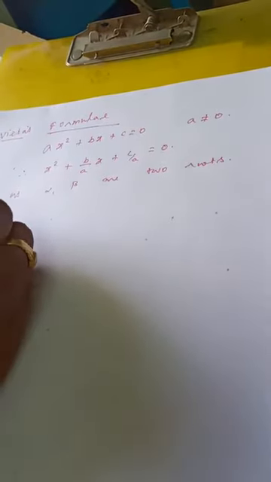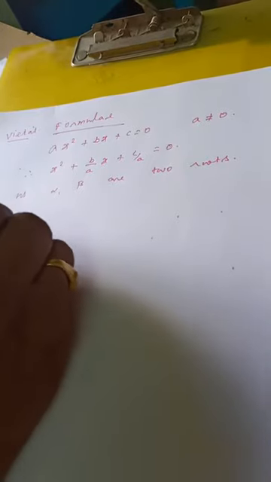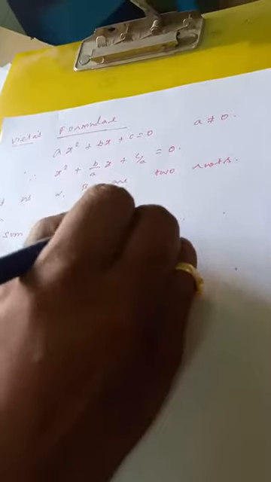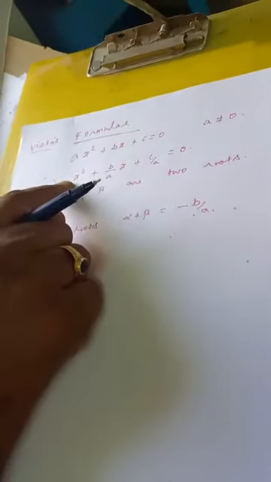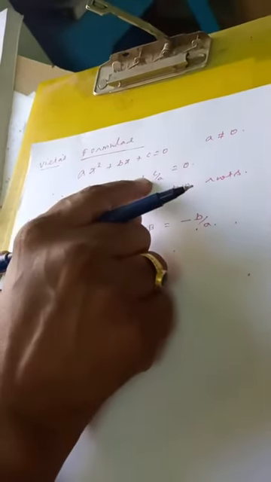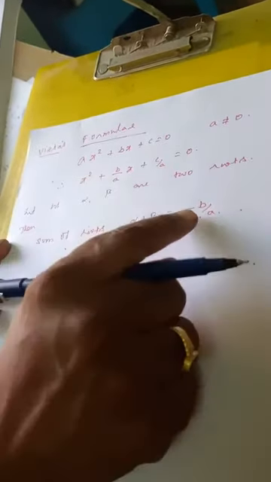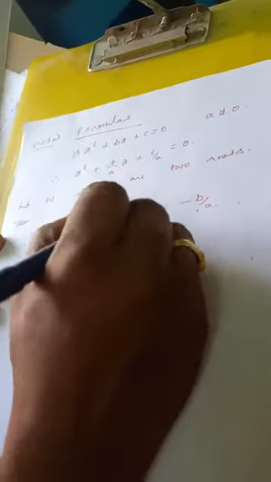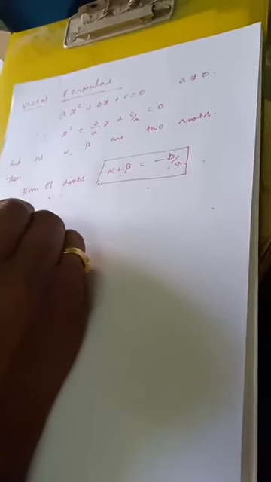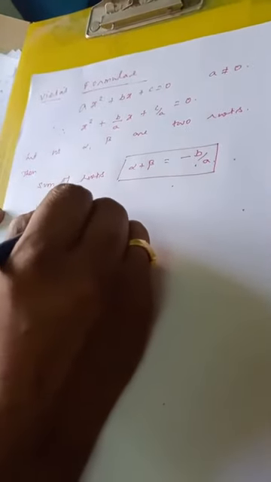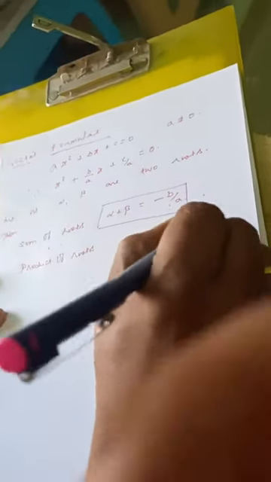Then the sum of the roots, alpha plus beta, is equal to minus b by a. The product of the roots, alpha beta, is equal to c by a.